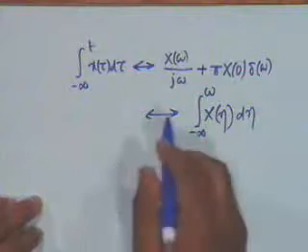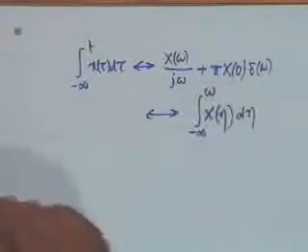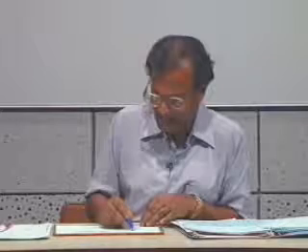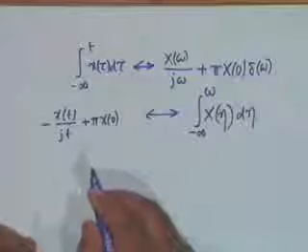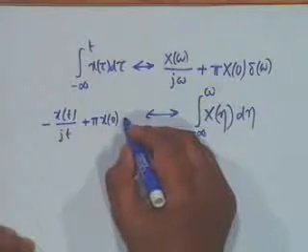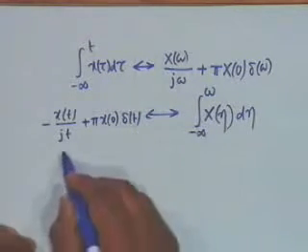We shall get precisely the same form, except that instead of t, I shall get minus t. So what I shall get is x of t by minus jt plus pi x of 0, small x, multiplied by delta t. It can also be proved directly.